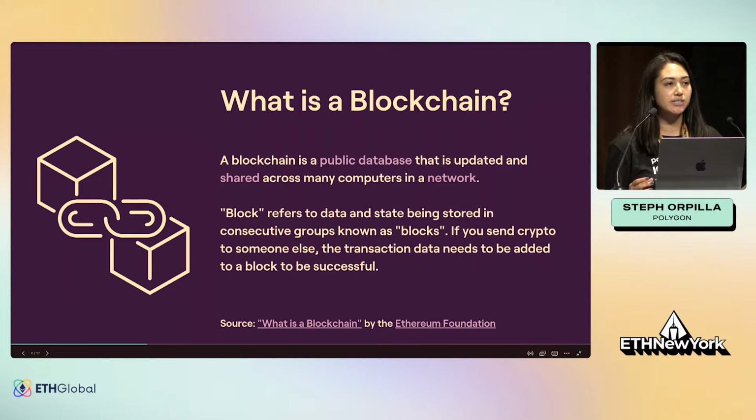So if you've ever sent crypto to someone or received it from someone, the transaction data needs to be added to the block on the chain in order for it to be a successful transaction and to be accepted as a transaction on the network. And I took this nice little definition from the Ethereum Foundation. They have a great article called What is a Blockchain? I love the Ethereum Foundation for all of their different resources. It's where I start when I'm learning something new.